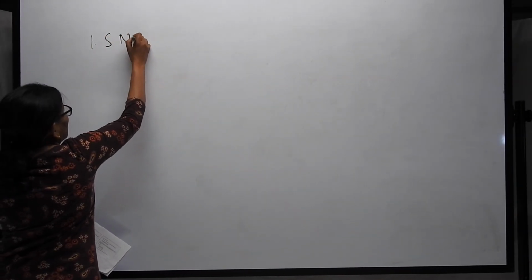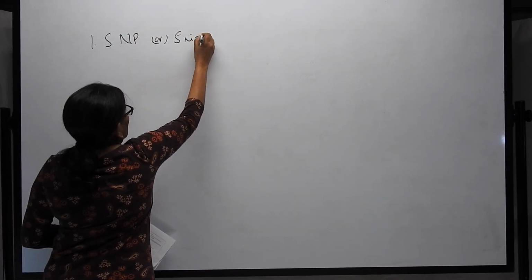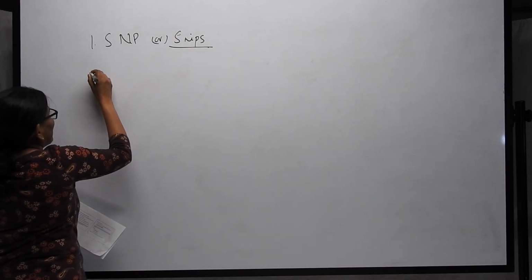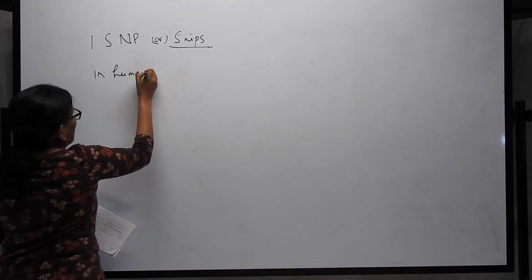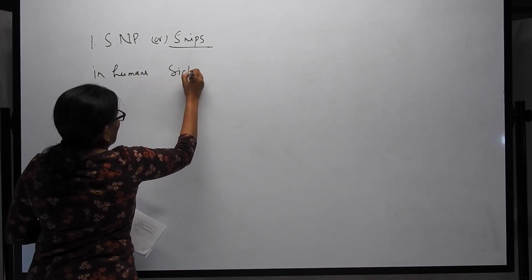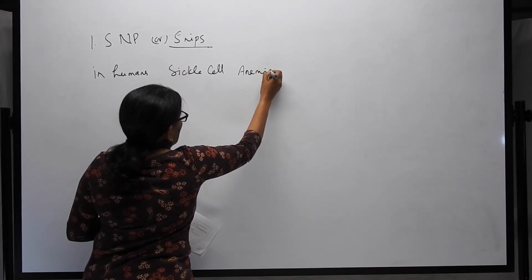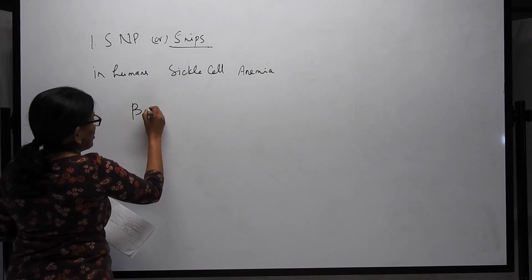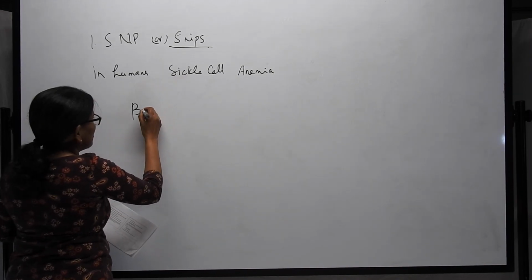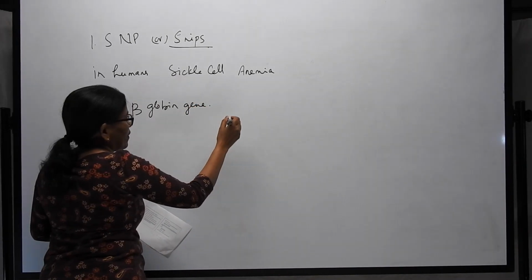The first one we are going to do is the single nucleotide polymorphism, which we can call a SNP. For example, in humans, sickle cell anemia is due to a single base pair change in the beta globin gene.